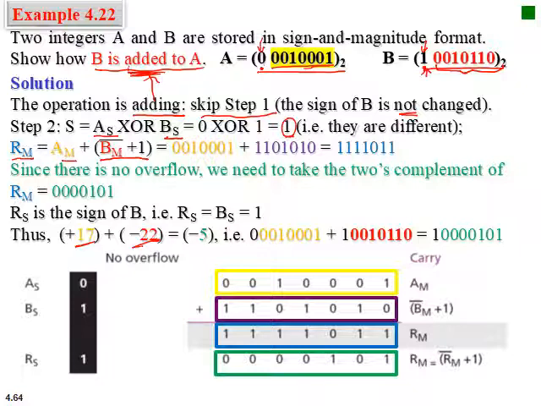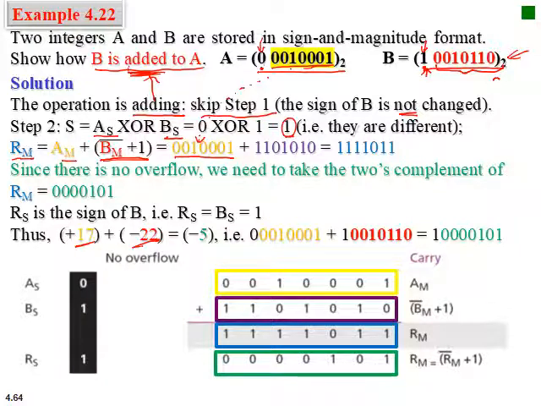Here we have A exactly as we brought it down from the top, and then we need to calculate the 2's complement of B. So we're going to quickly do it here. To quickly do a 2's complement of the magnitude of B, we start from the right and copy until we get a 1.